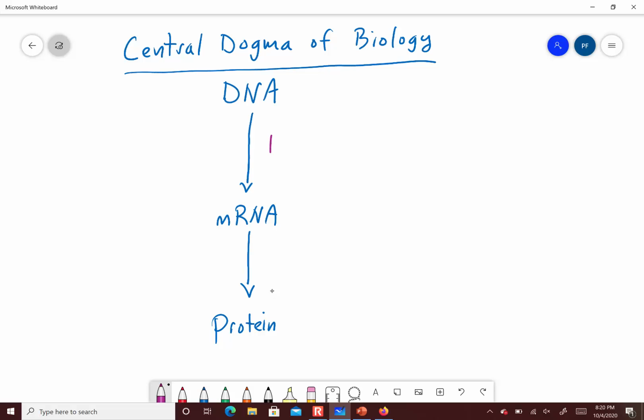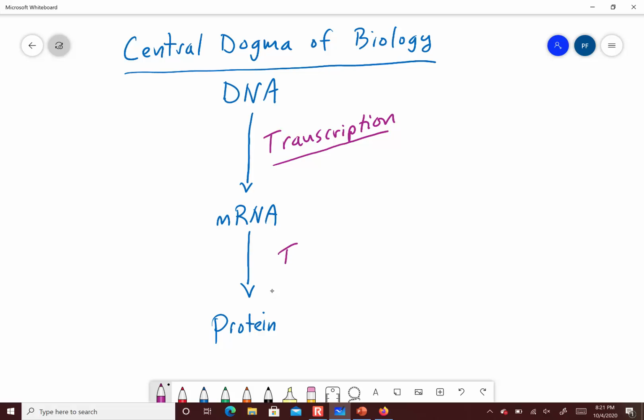DNA to mRNA is called transcription. It's like we're transcribing. We've got instructions in our DNA and we want to make a copy of that. And we make that copy as mRNA instead of DNA.